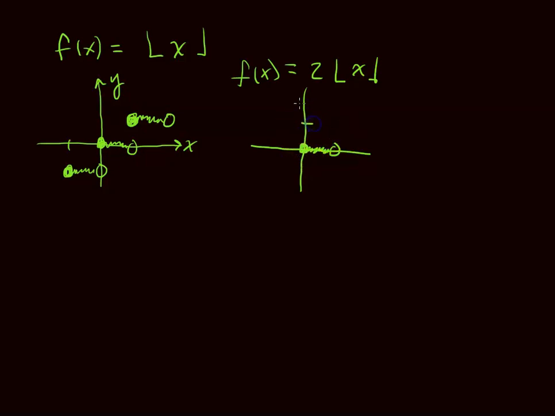But it does move up 2 to get to the next step instead of the 1. That's the vertical stretch. It does move down 2 to get to that step instead of the 1. Instead of 1 as a step, it's 2 as a step. If you do 1/2, it would be 1/2 as a step.